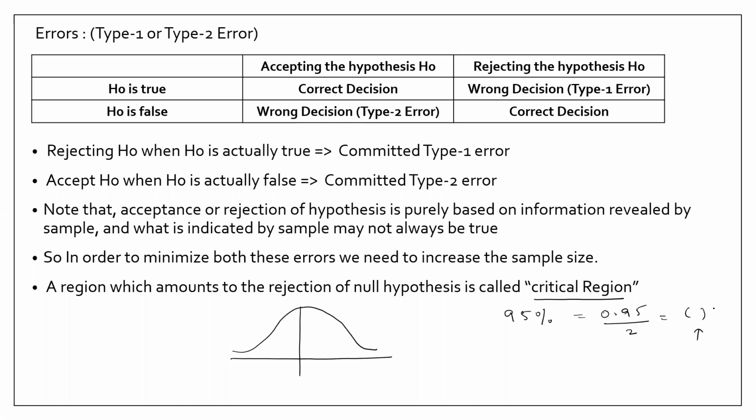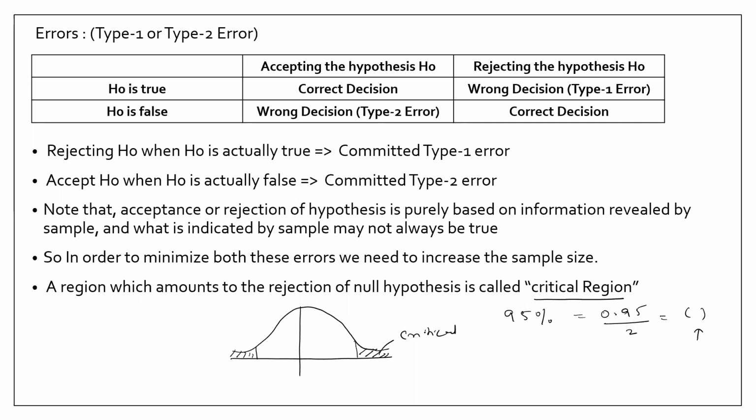We search this value in the normal distribution table, and that gives the critical value for a two-tailed test. When we are doing the two-tailed test, this side and this side are your critical region.